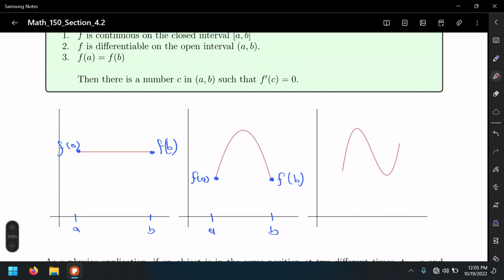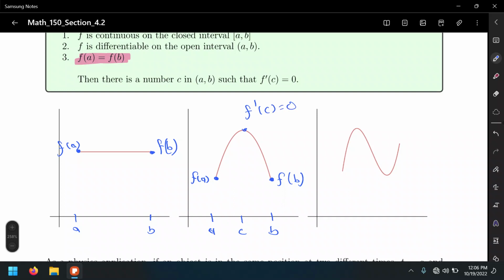This satisfies the condition that f of A equals f of B. This implies that for sure the graph will attain a maximum, a value C, whatever that is. It doesn't have to be in the middle, but could be, a value of C for which the derivative f prime of C equals 0.